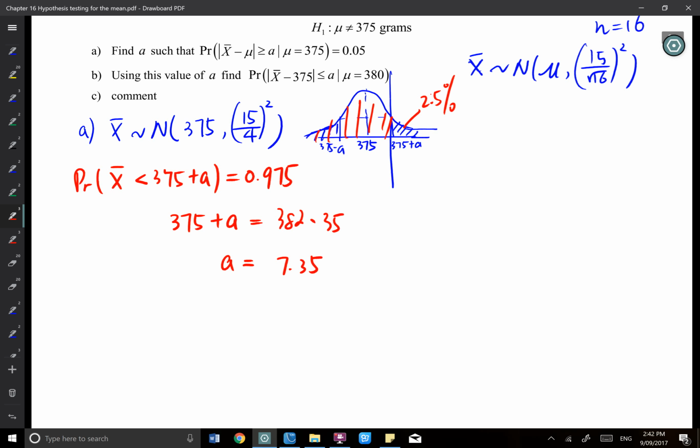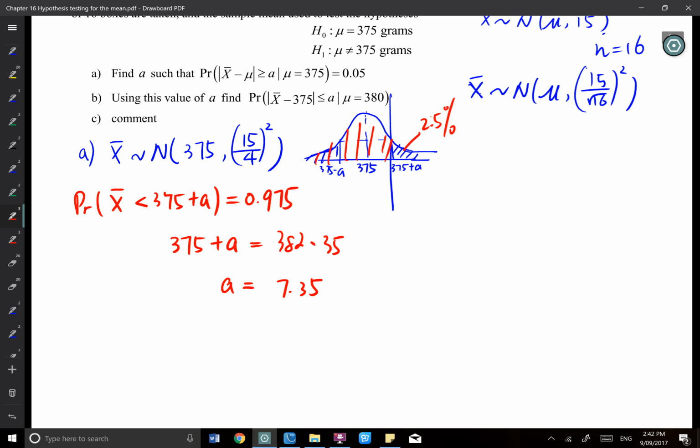So if I observe something at least greater than a, I have a 5% type 1 error, right? I reject it. I observe something which differs from 375 by greater than 7.35, then I say I can reject it, right? That's the 5% significance level.